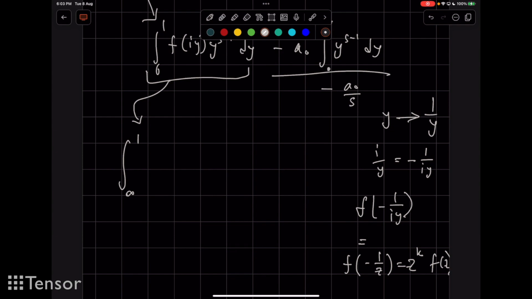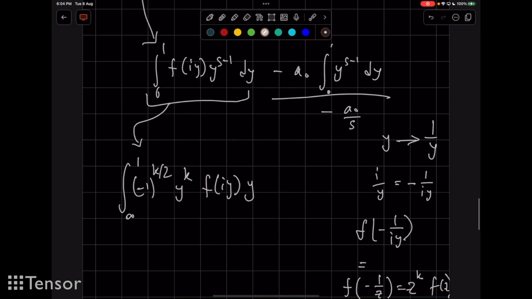So, (iy) to the power k. What does that contribute? Negative 1 to the power k over 2. Then we have y to the k, f of iy times y to the minus s plus 1, right?